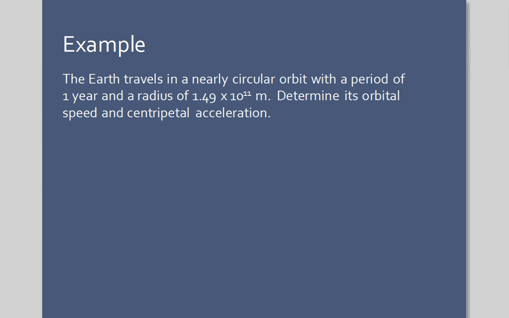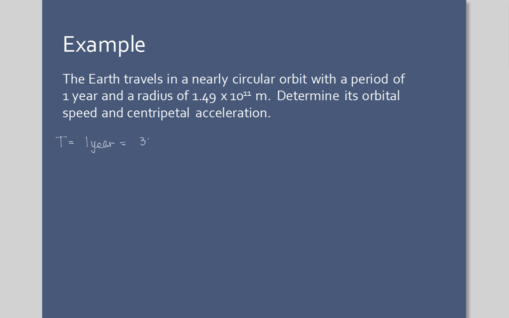All right, now this is the one where you have the option of using that new formula we derived, or you could just do it in 2 steps. I'll probably just do it in 2 steps. Makes sense to me that way. So you have a period of 1 year, and of course, 1 year is going to have to be broken down into seconds.